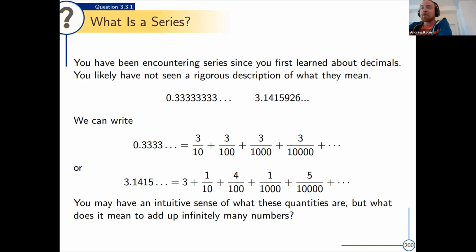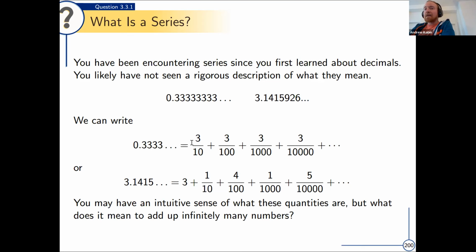But in any case, we can at least expand each of these decimal numbers as a sum of a sequence of terms. And this is what we'll define to be an infinite series on the next slide. But for now, just intuitively, if we want to write out 0.33333 repeating, we can think of this as first add up the tenths place, 3/10, plus 3/100ths, plus 3/1000ths, plus 3/10,000ths, and so on and so forth.